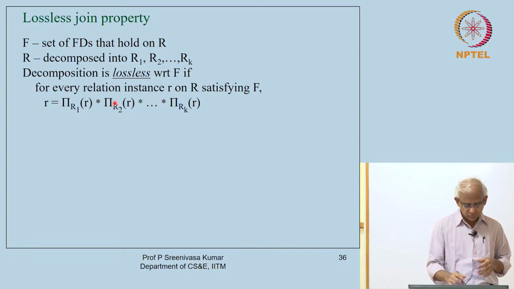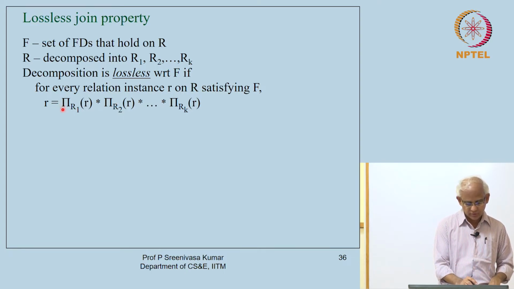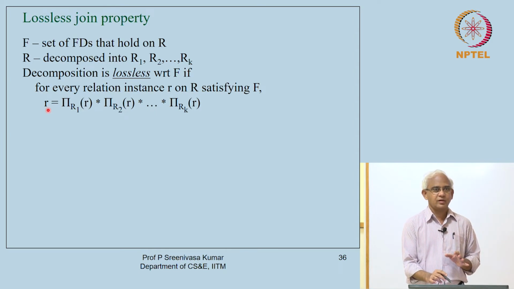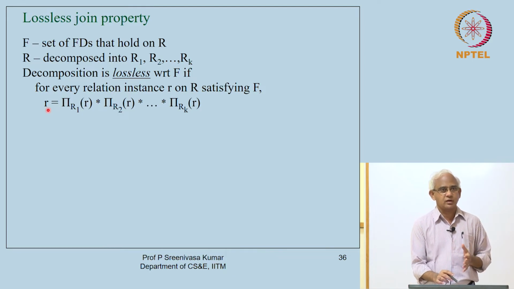So what I am telling you here is that this join will always contain R. The trouble is, it may not be exactly R, it may contain something more than R. By containing more than what is there in R, it is actually corrupting the information.